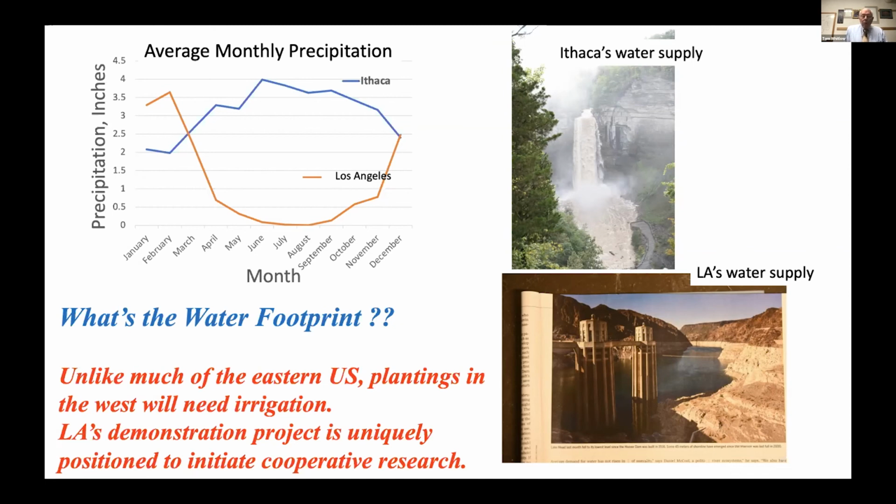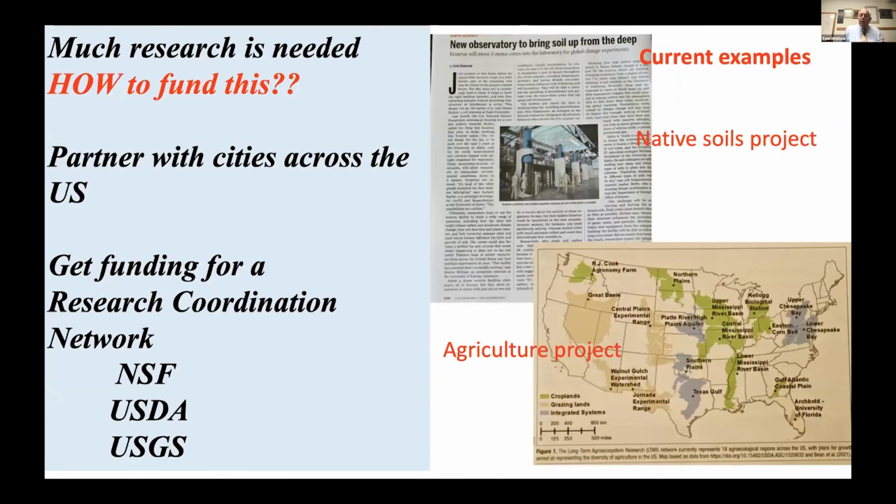We've got radical differences across the space of the United States here in terms of the annual distribution and amount of rainfall. The demonstration projects that LA is doing right now provide an ideal modified situation in which we can monitor and understand the way urban green infrastructure is actually performing.